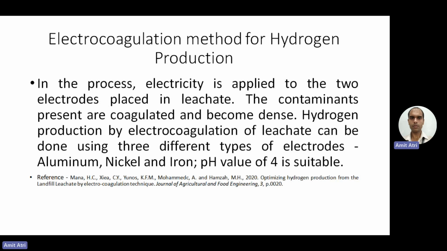Hydrogen production by electrocoagulation of leachate can be done using different types of electrodes like aluminum, nickel, iron, and a pH value of 4 is suitable for hydrogen production. The reference is the research paper by Mana et al. in 2020 that has covered this topic.